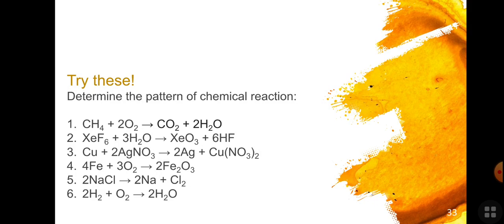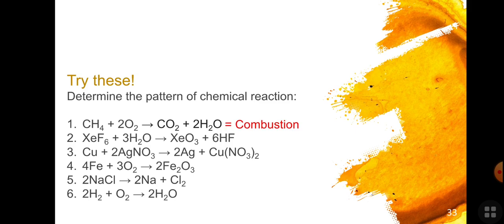Determine the pattern of chemical reaction. So these are the chemical formula na ginamit natin doon sa balancing chemical equation. So now, let us try to determine the pattern of chemical reaction. So again, you pause the video, then after answering, you may play it again. So for number 1, it is combustion reaction.